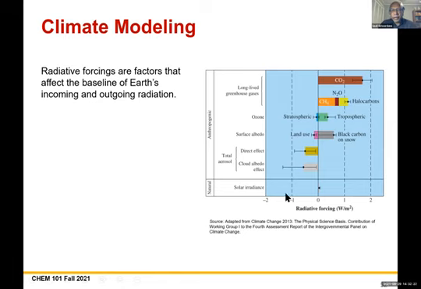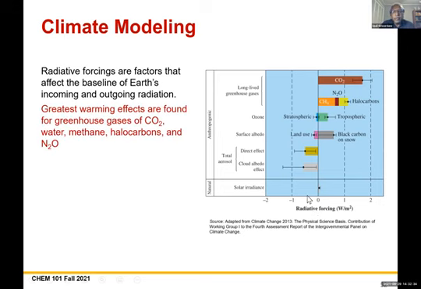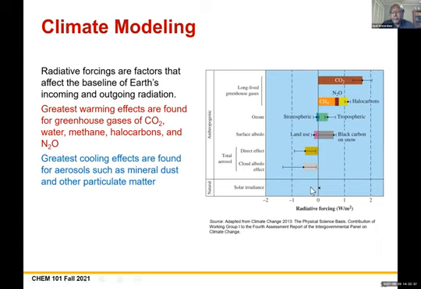This is the bottom one, relative radiative forcing. Zero, or less than zero, is negative forcing. That means it's not increasing radiation in the atmosphere.